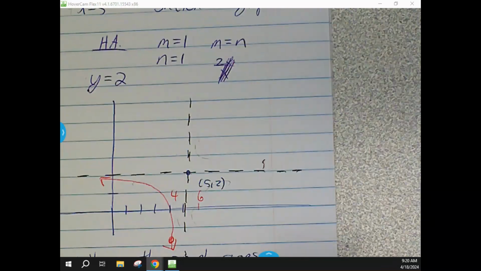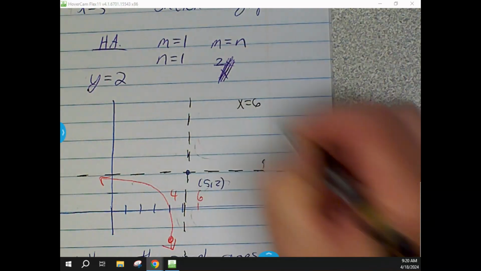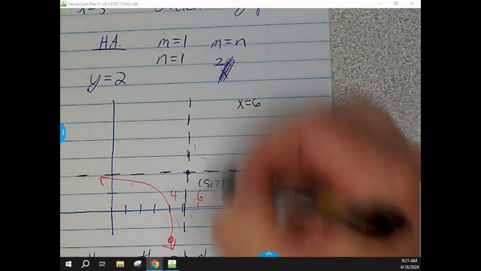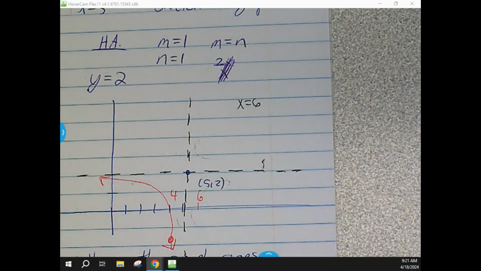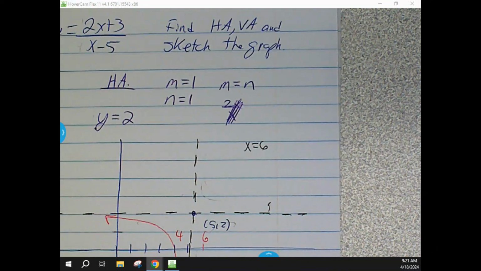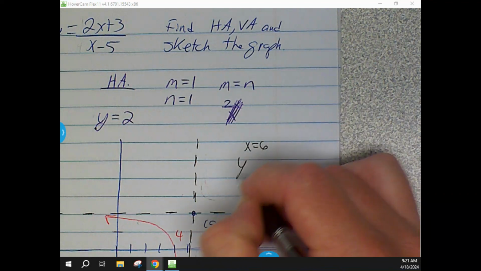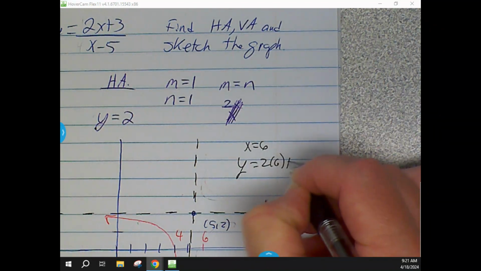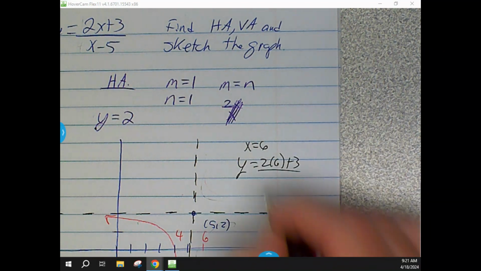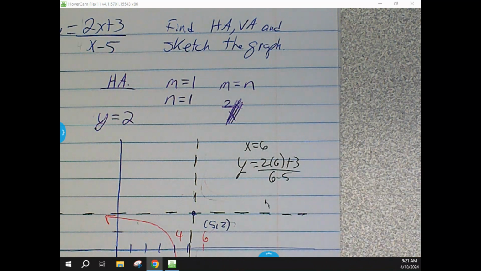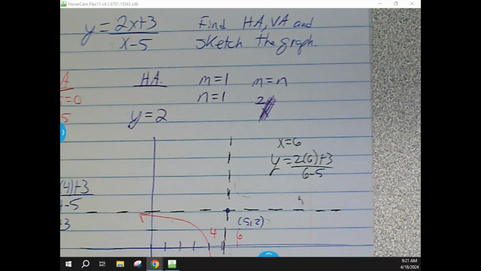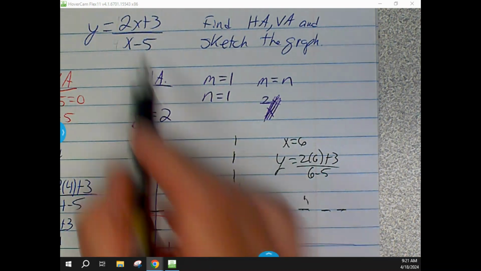So now we'll plug in x equals 6 and see where that point is, see if it's up here above or down here below that side of the fence. So if we plug in 6, we get y equals 2 times 6 plus 3 over 6 minus 5. Again, just taking that 6 and plugging it back in here.